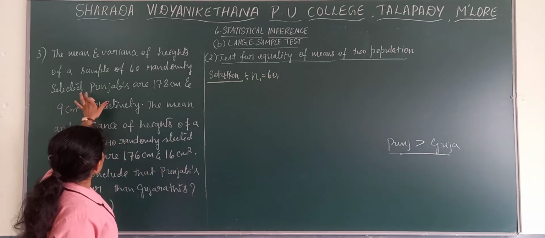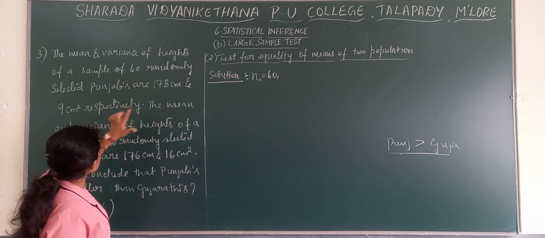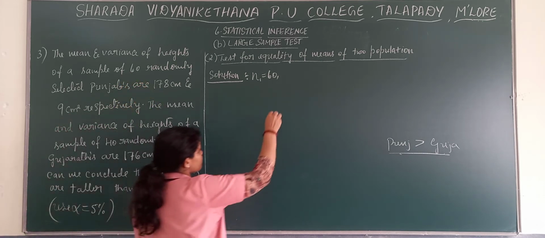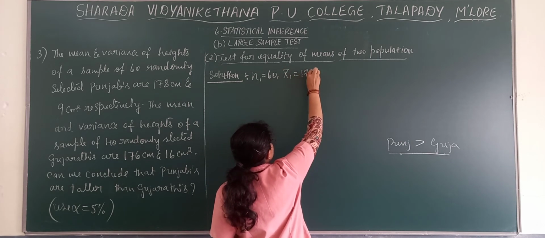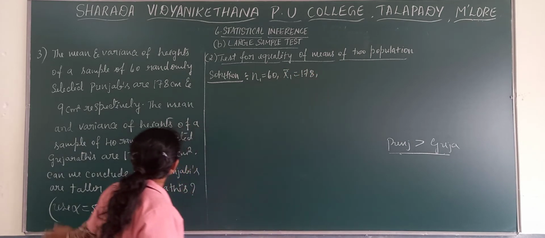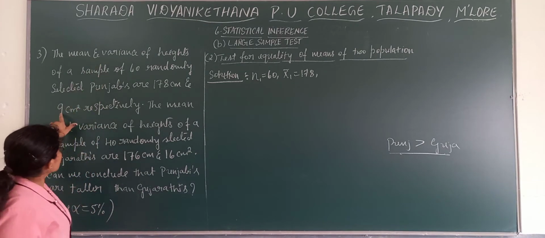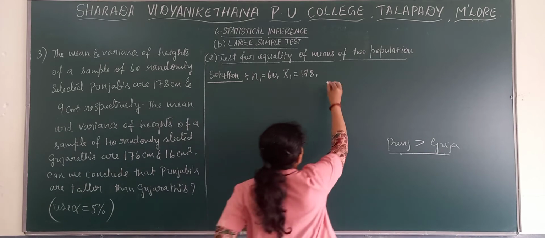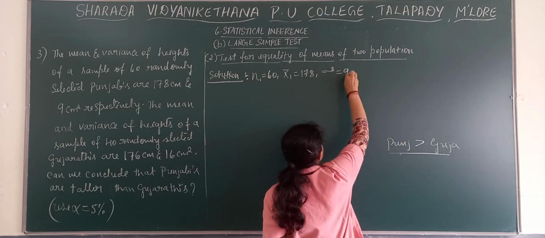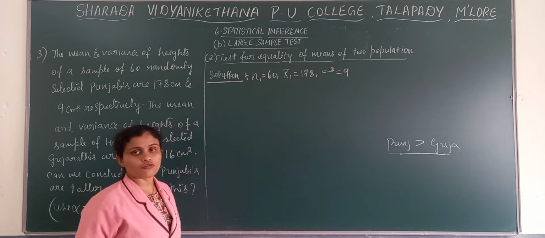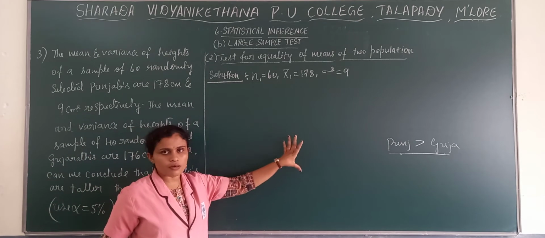The mean x bar 1 is equal to 178 and variance is 9. Variance is the standard deviation square. No need to take it in the form of standard deviation because however we are using the variance in the formula.